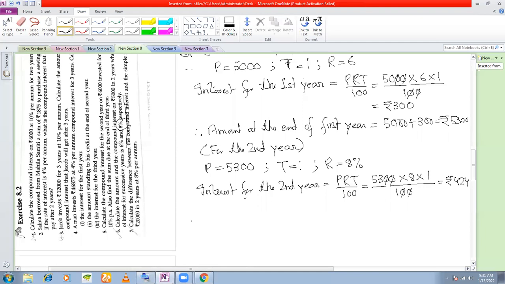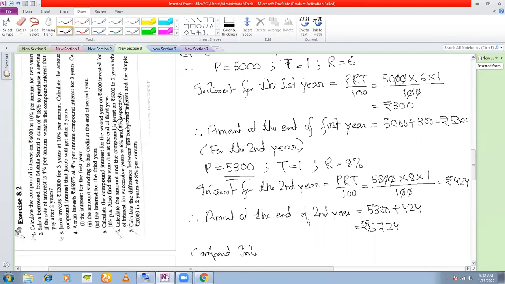Okay. So therefore, what is the amount at the end of second year? 5,724. It is the principal at the end of first year, 5,300, plus the interest of the second year. So this is 5,724 rupees. This is the amount. Okay. And what is the compound interest?